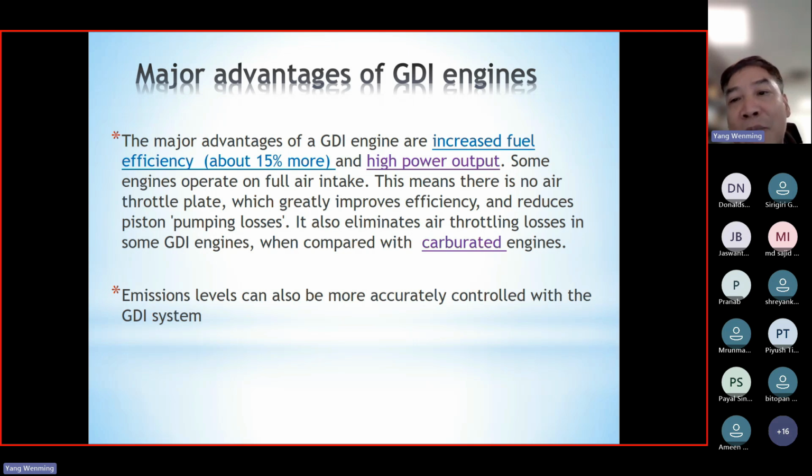Thereby improving the efficiency and maximizing the power produced by the engine. The emissions can also be controlled more accurately with the GDI system because we can more precisely control the fuel injection amount and the fuel air ratio.